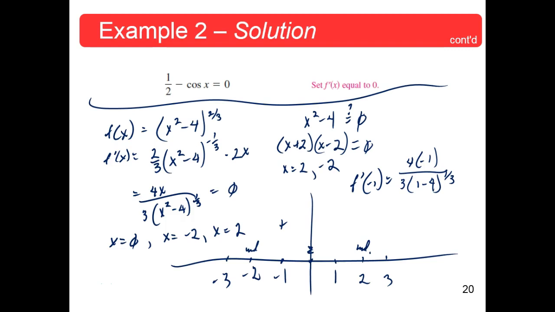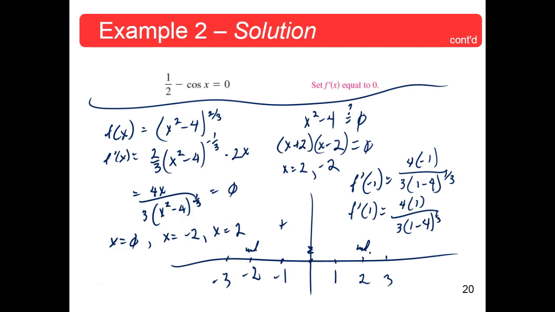Okay. Did you want to do positive 1 next? I thought I heard you say plus or minus 1, right? Yes. So it'd be 4 times 1 over 3 times 1 squared is? 1 minus 4 to the 1/3 power. What sign is that going to be? We don't really care about the value. We want to know what the sign of it is.